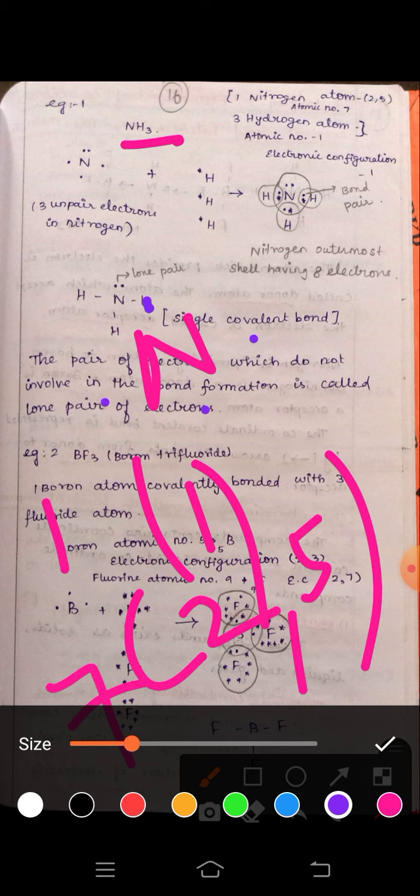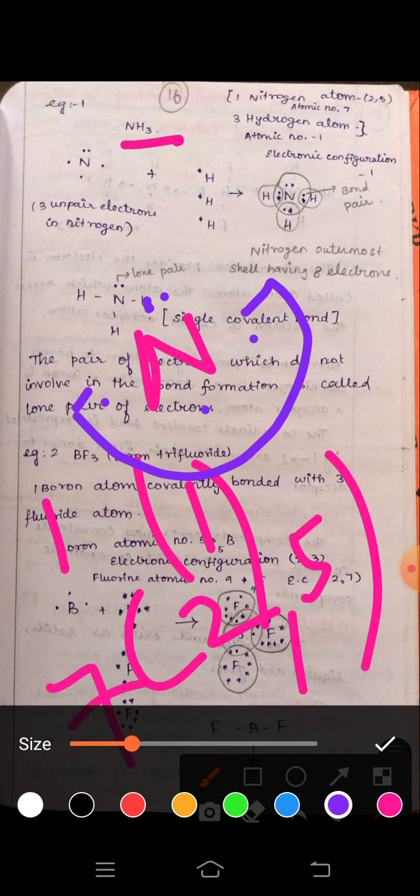Now where do we place the fifth dot? Near the first electron. Here it has only one shared pair of electrons. How many unpaired electrons are there? 3 unpaired electrons, and only one pair.